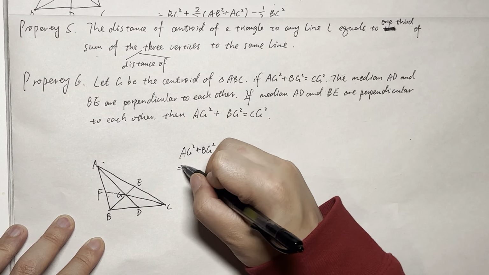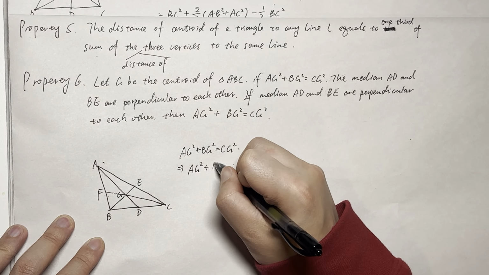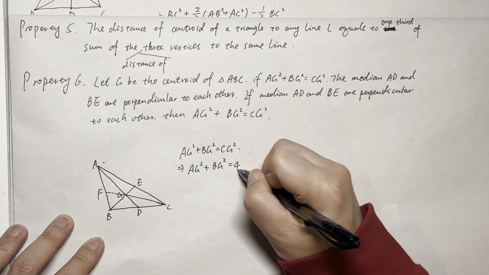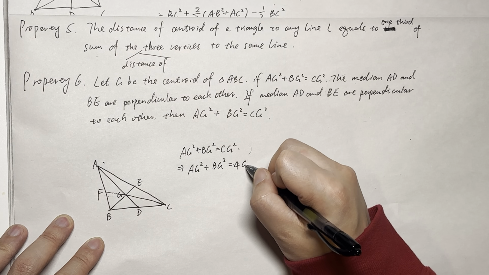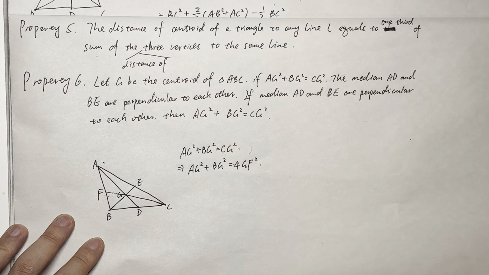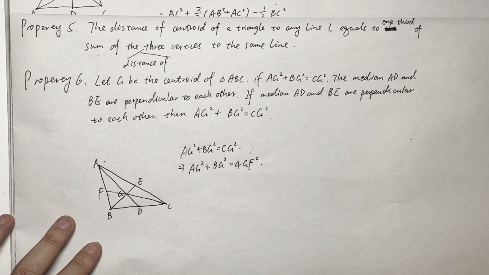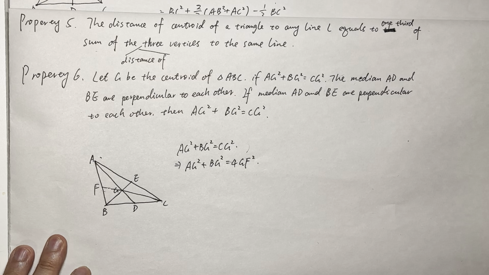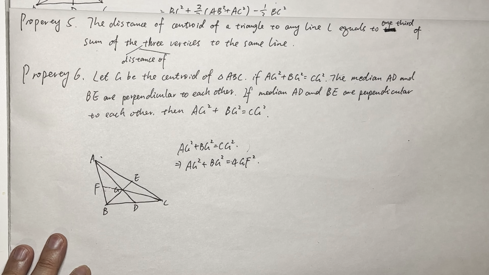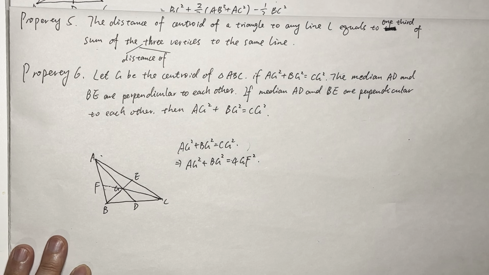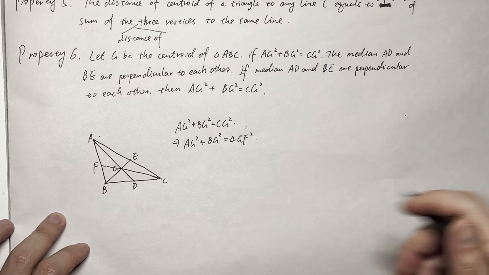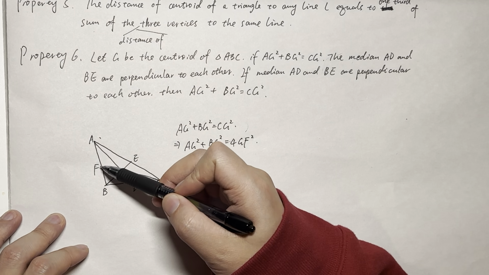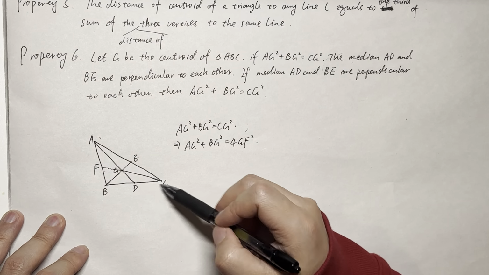So we get AG squared plus BG squared equals 4 times GF squared. This is a median, and this is a median.